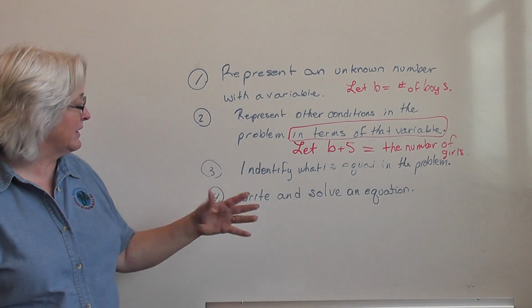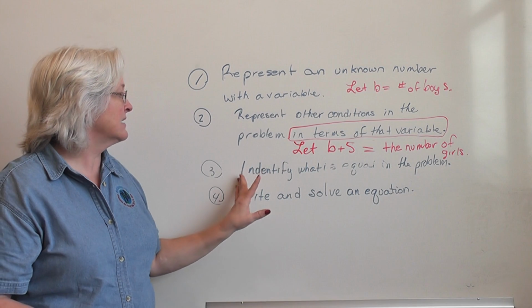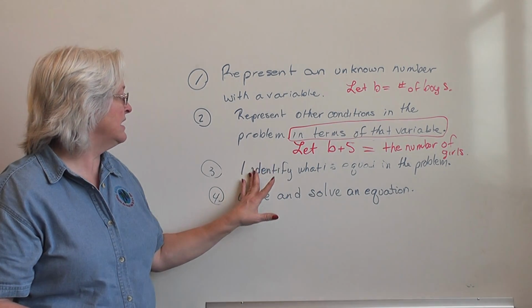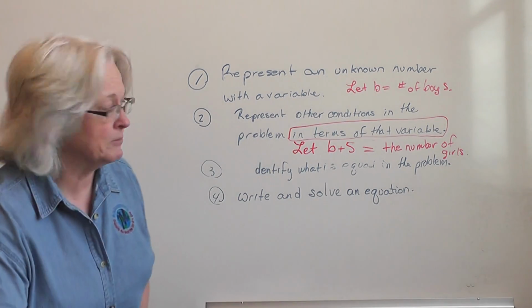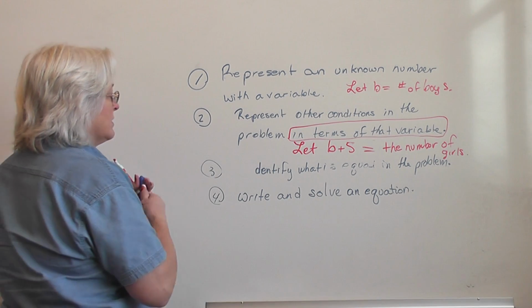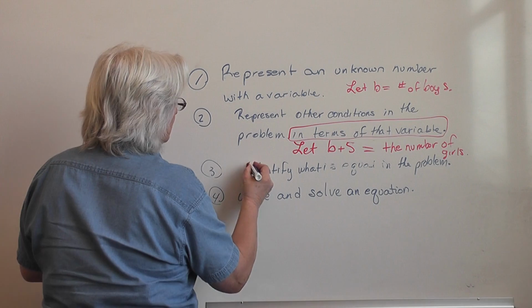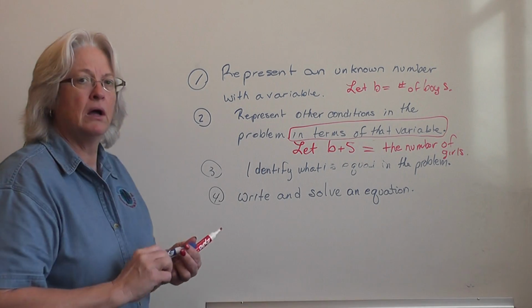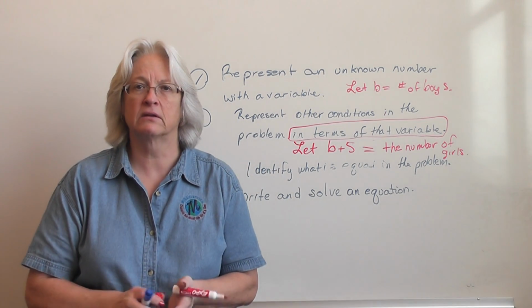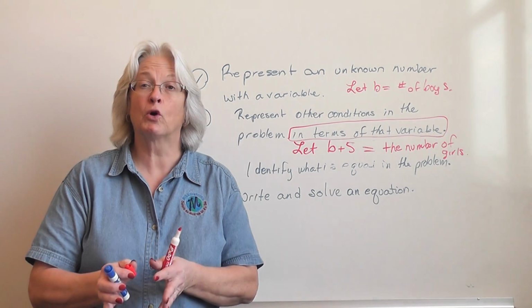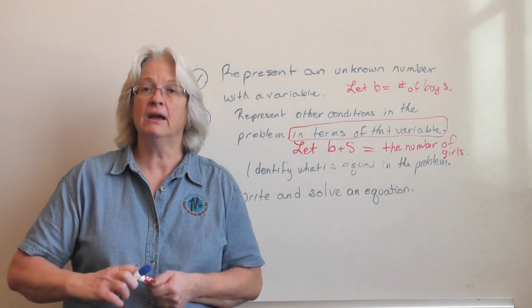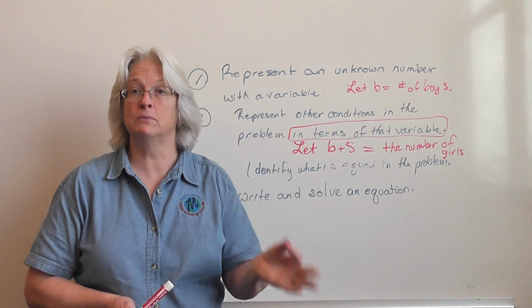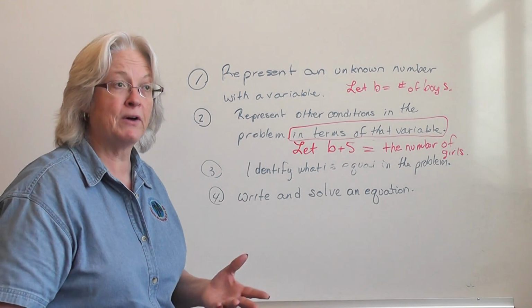Second thing, apparently I had my hand on the board. Second condition says, identify what is equal in the problem. Okay, what is equal in the problem? Well, I said that the number of girls was 5 more than the number of boys, and the total number of students in Mr. Jones' class is 25.